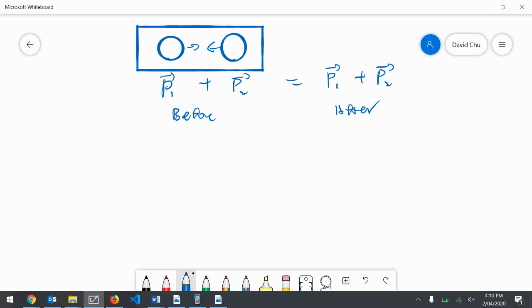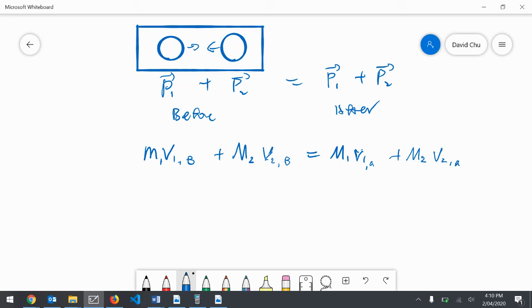So I'm going to write it in the more generic terms: m1 v1b, b for before, plus m2 v2b, equals m1 v1a, a for after, plus m2 v2a.